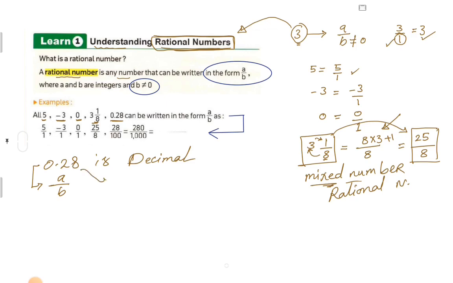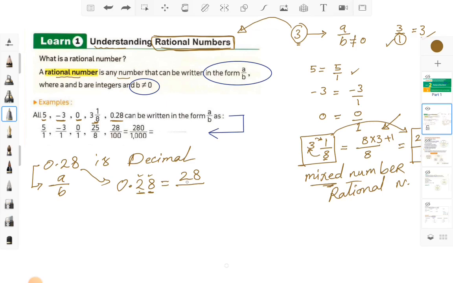Let's try. I know that 0.28 is equal to 28 over, I have two decimal places here, tenths and hundredths, so I can write 28 over 100.